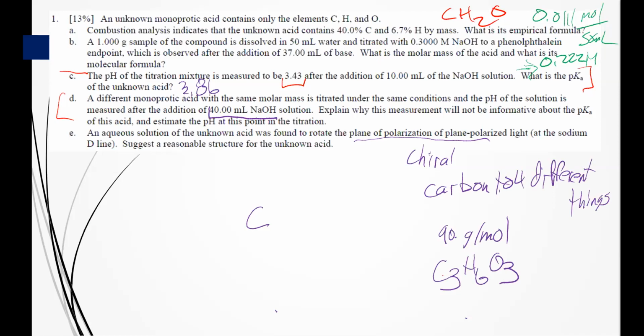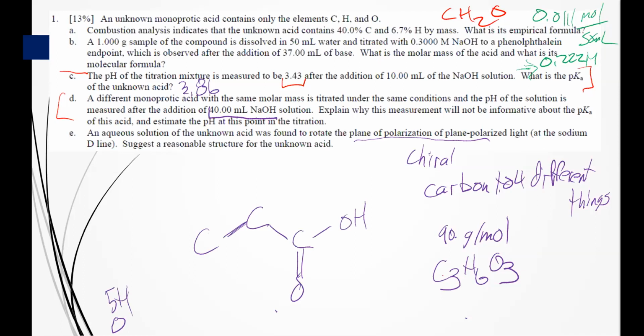We need a carbon attached to different things, and we know that it's acidic, which generally means we have a carboxylic acid here. So this carbon needs to be connected to at least one other carbon, and we have 5 more hydrogens and 1 more oxygen left over.